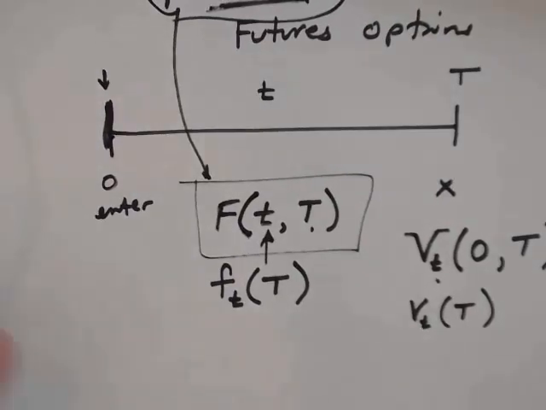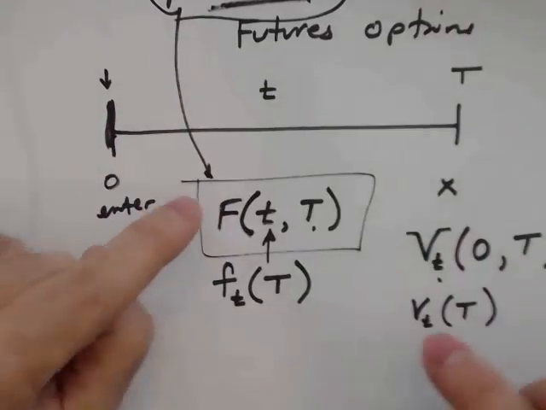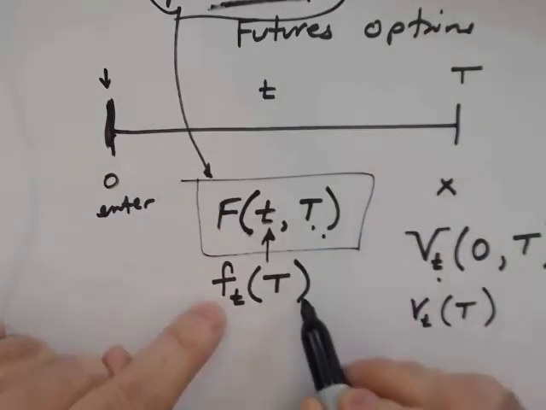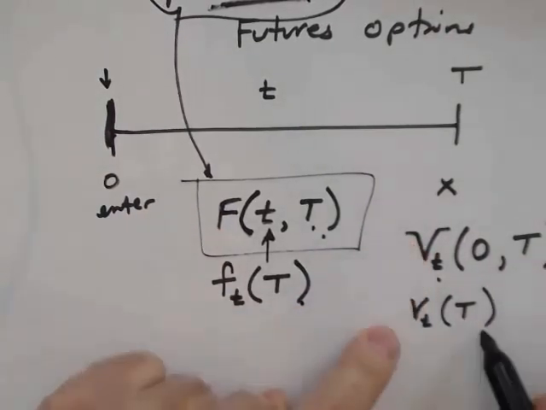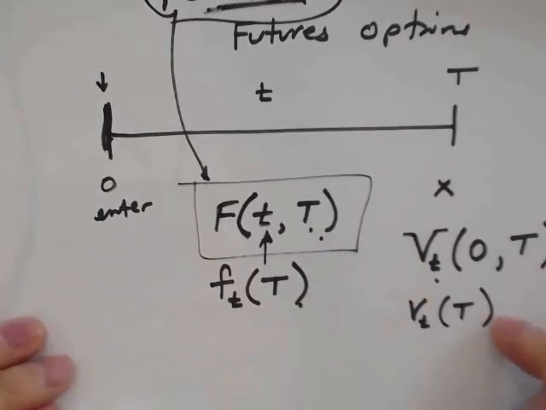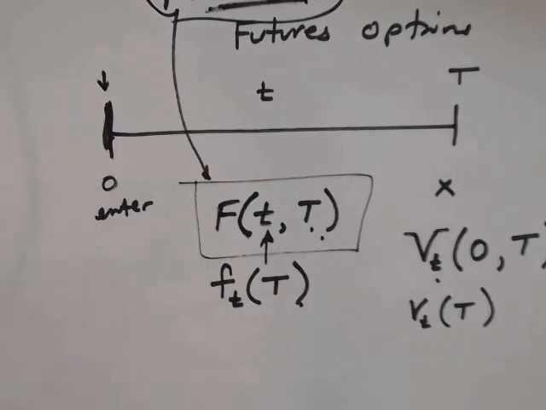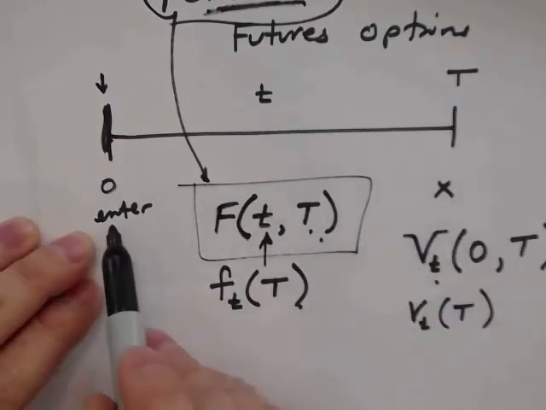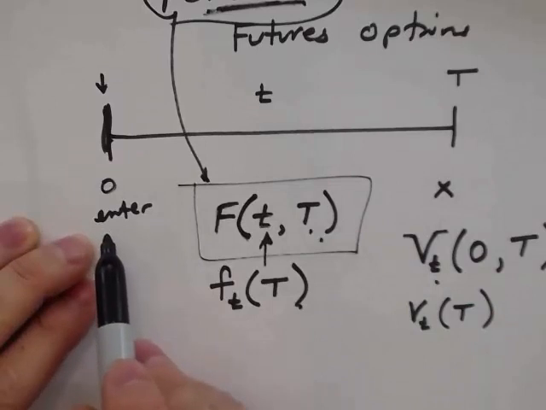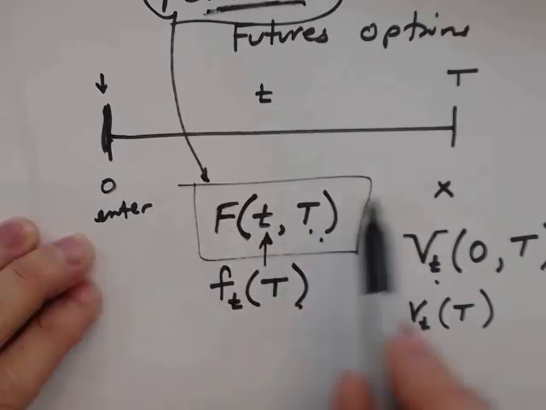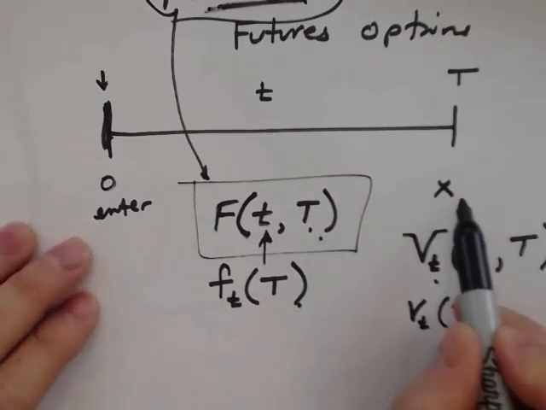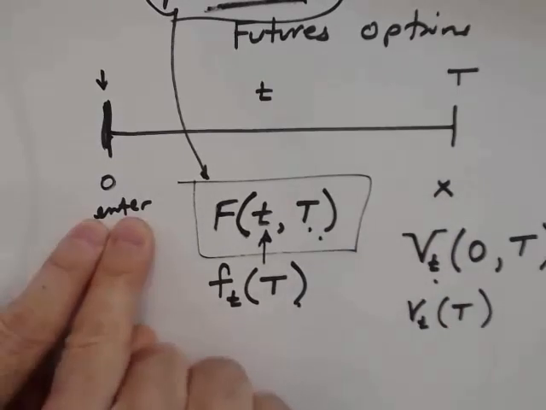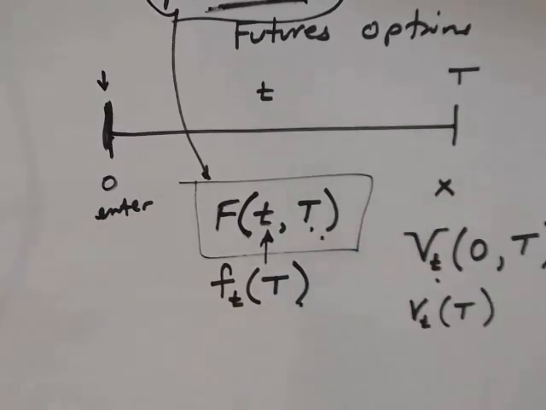Before we actually get into pricing, this is a forward price, this is a futures price, and this is value, the value to somebody who actually entered into a contract. So remember, you enter into the contract to buy, you're going long, or you enter into a contract to short, meaning you're selling. So you enter into the contract now to sell it in the future.